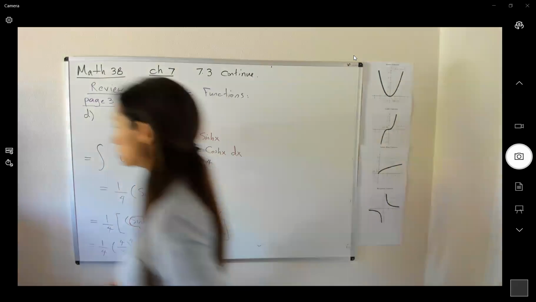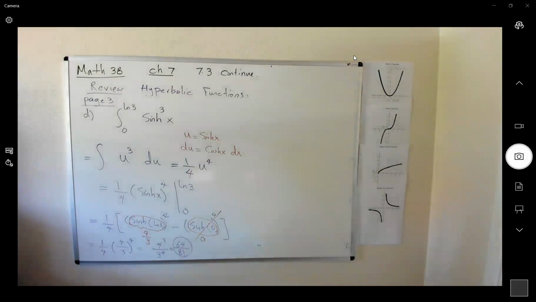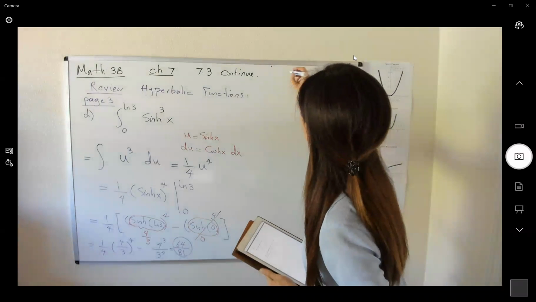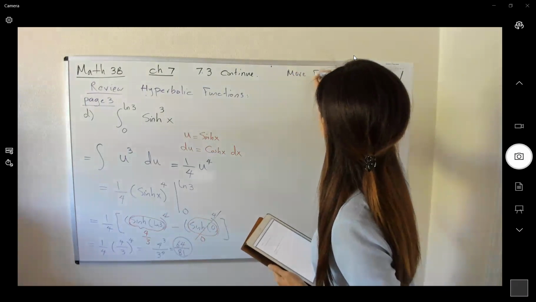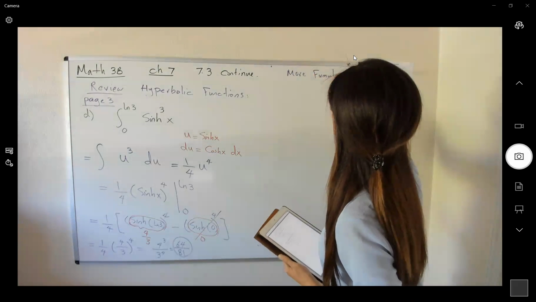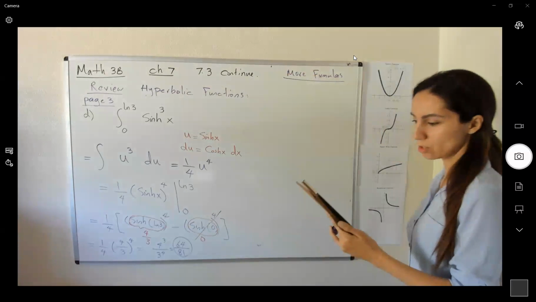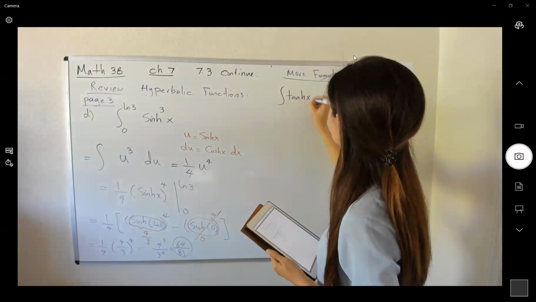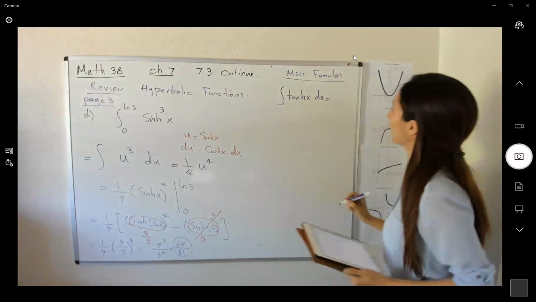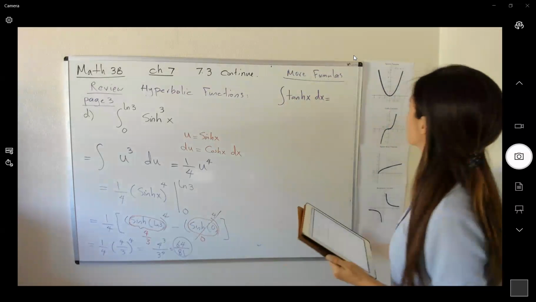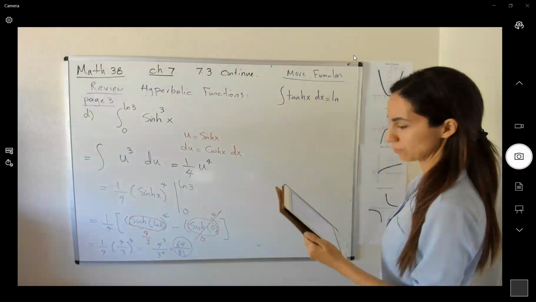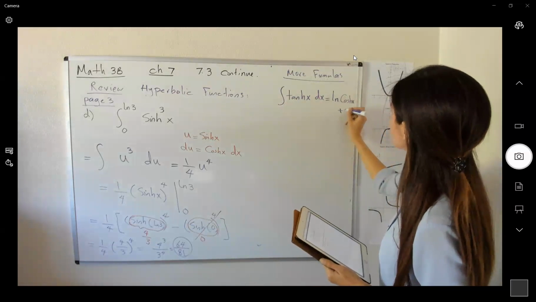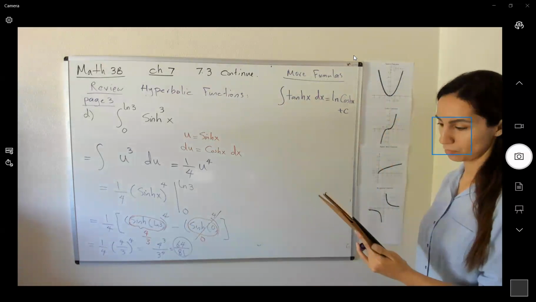Some more integrals. More formulas. If you take the integral of hyperbolic tangent x dx, it's actually ln of, you don't need absolute value, hyperbolic cosine plus the constant of integration.